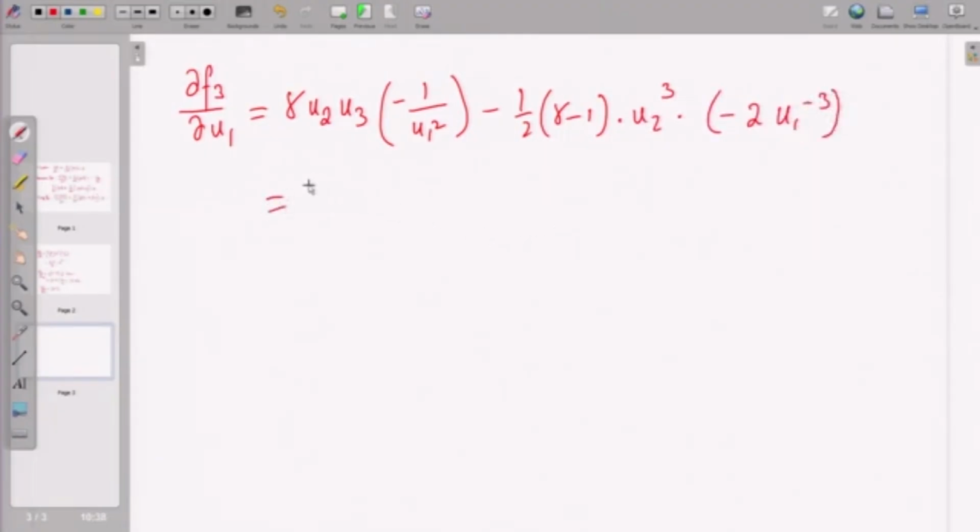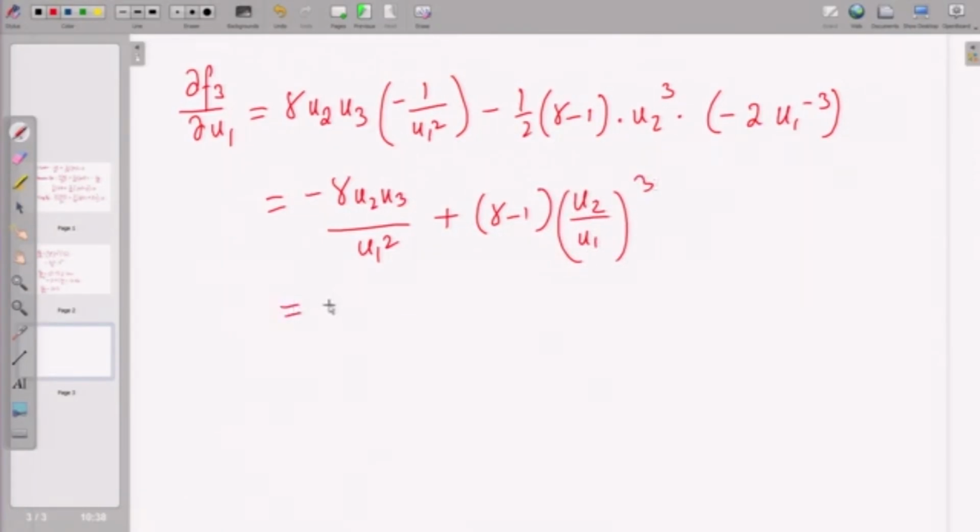So, let us collect the terms. So, this is what the expression will be.